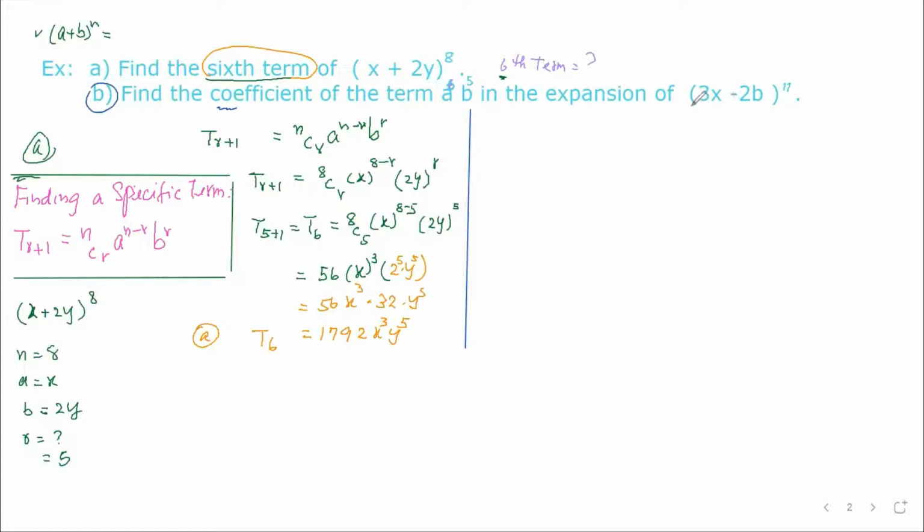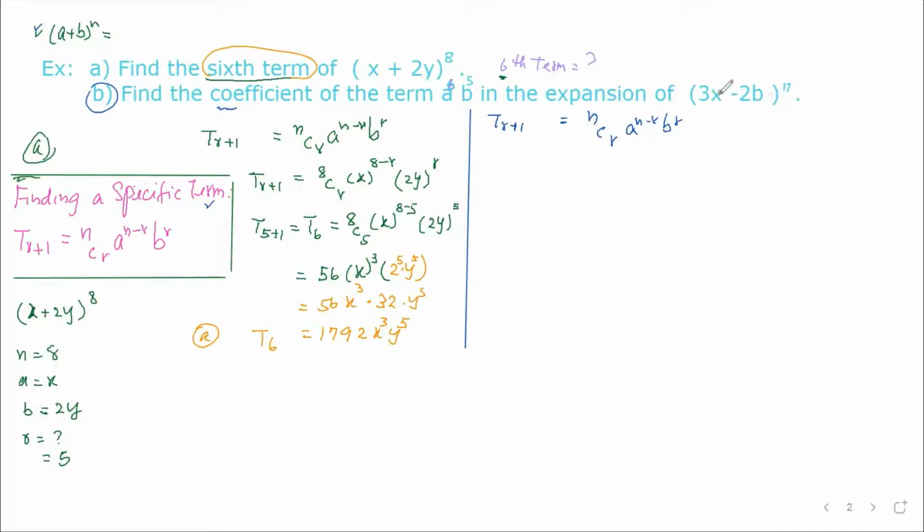So from this, again, we're going to expand by using the specific term formula. I write the formula down one more time. T(r+1) equals nCr a^(n-r) b^r.